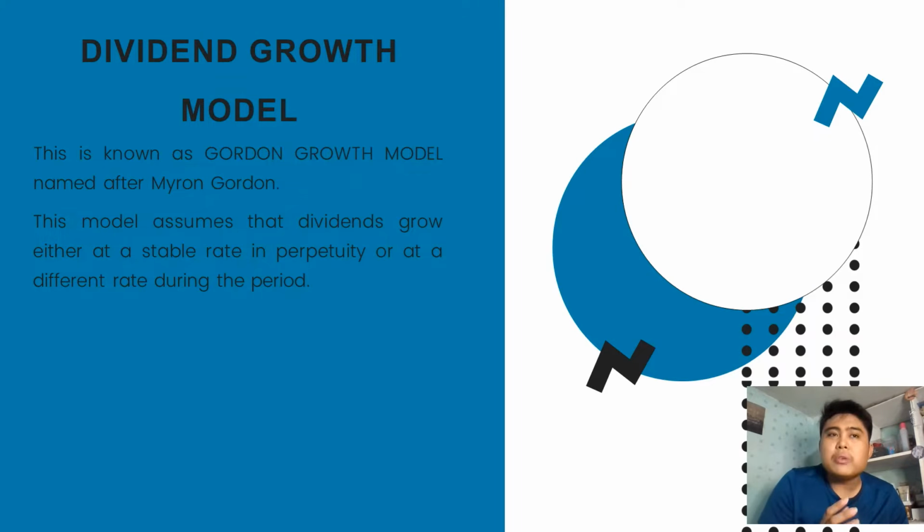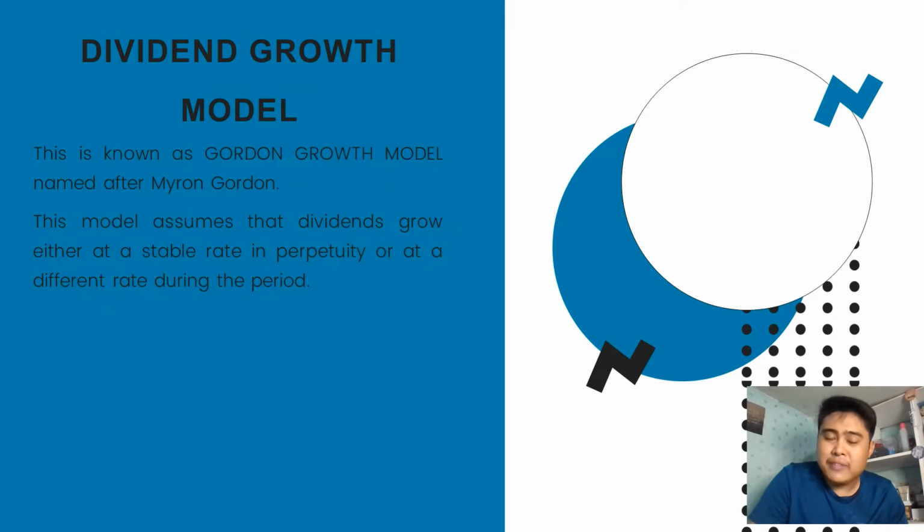So kung isipin mo, kung lumalaki ang total dividends na kayang i-declare ng kumpanya as net income increases, at take note, ang preferred stockholder ay may fixed return. Remember last time, pinag-usapan natin sa last video lecture na ang dividends per share ng preferred stockholders are generally fixed.